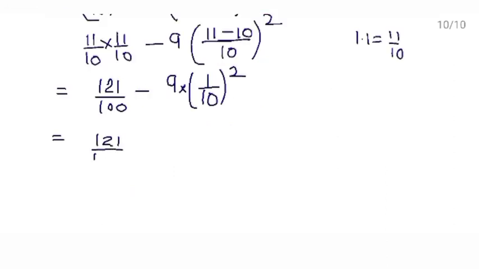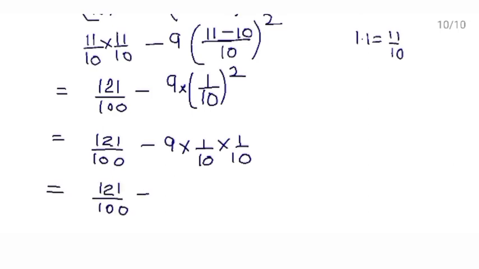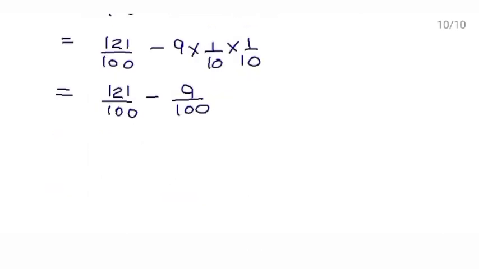121 upon 100 minus 9 multiply 1 upon 10 raised to the power 2 means 1 upon 10 is multiplying by itself 2 times. Now it becomes 121 upon 100 minus 9 ones are 9 upon 10 tens are 100. Denominators are same, so write it once.